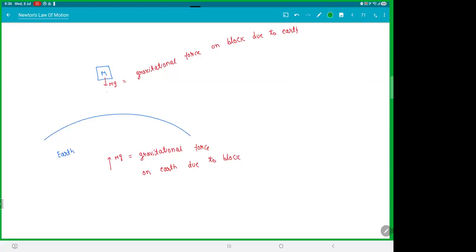What about the normal reaction? There is one force pushing the surface, pushing the floor. When you're standing on a floor, N is pushing you up and you're pushing the floor down. So these two are one pair. This is the normal between the floor and the block.